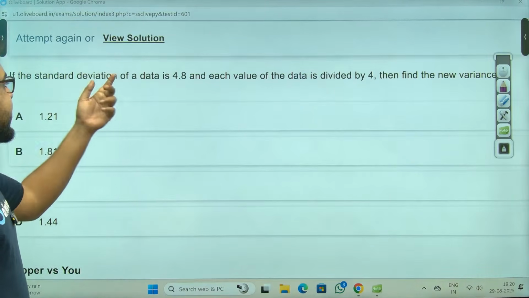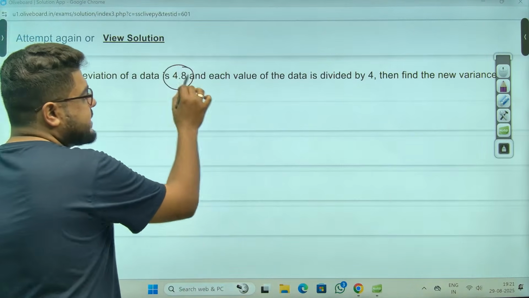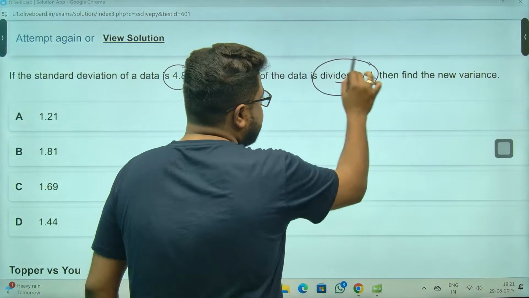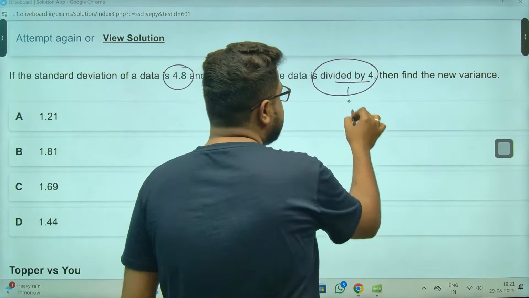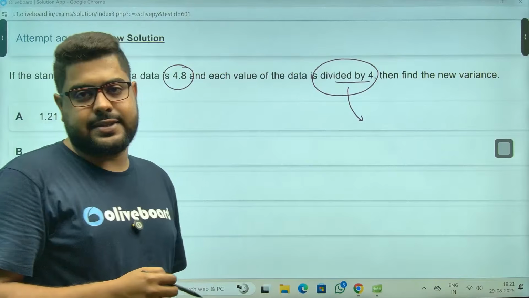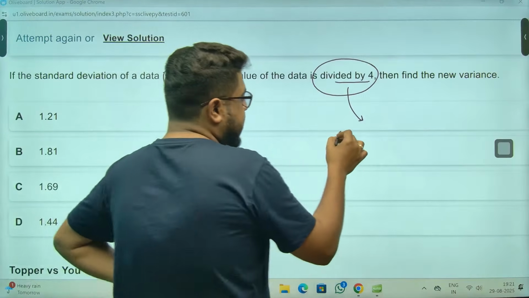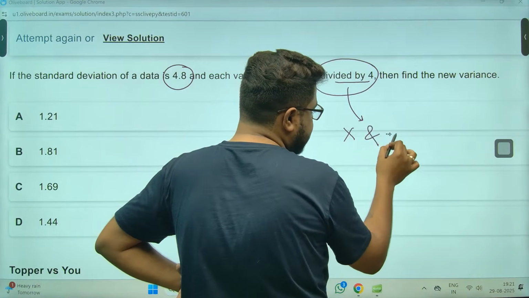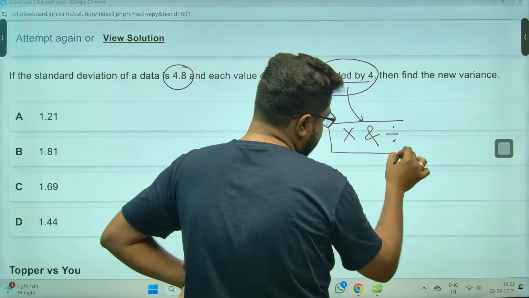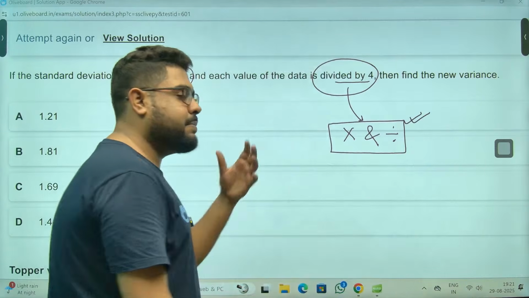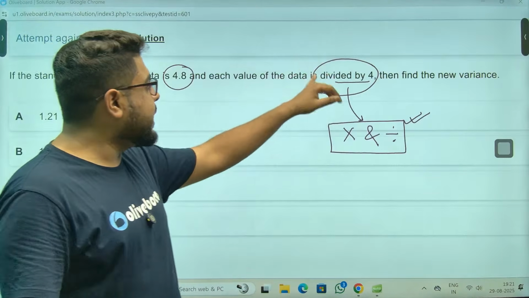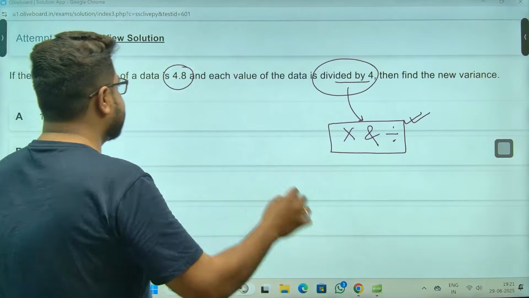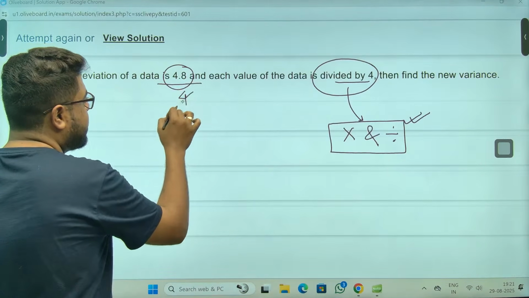Now, SD is given, and each value is divided. Remember, this is called change of base and scale in statistics. In case of multiplication and division, SD also gets changed by the same operation. So if I'm dividing by 4, SD will also get divided by 4.